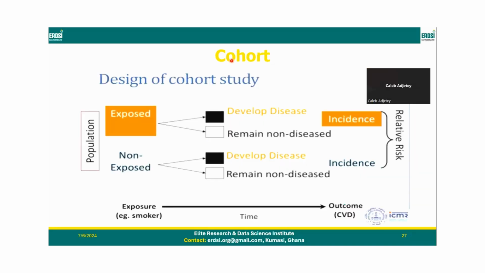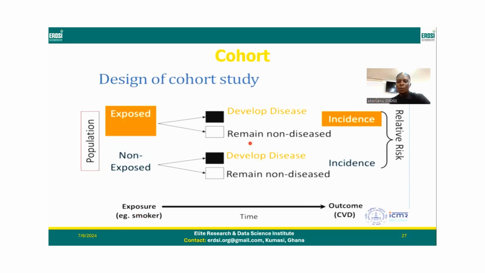Then we also have the cohort study. What is a cohort? Most often, a cohort is when we have an exposed population and an outcome. For example, let's say we have a population that is exposed to smoke.